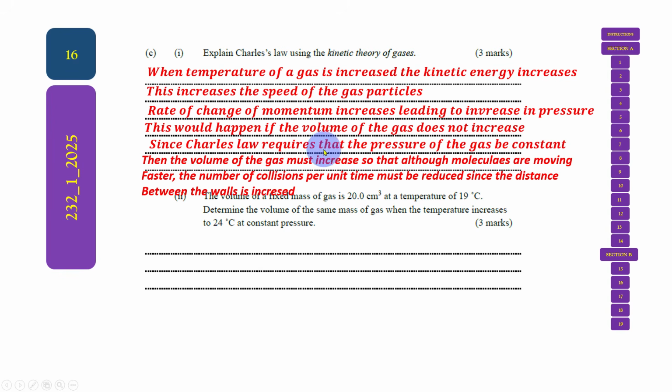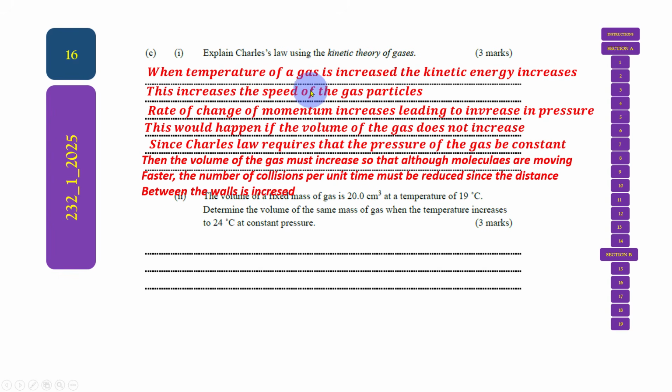Since Charles' law requires that the pressure of the gas be constant, then the volume of the gas must increase, so that although molecules are moving faster, the number of collisions per unit time must be reduced, since the distance between the walls is increased.